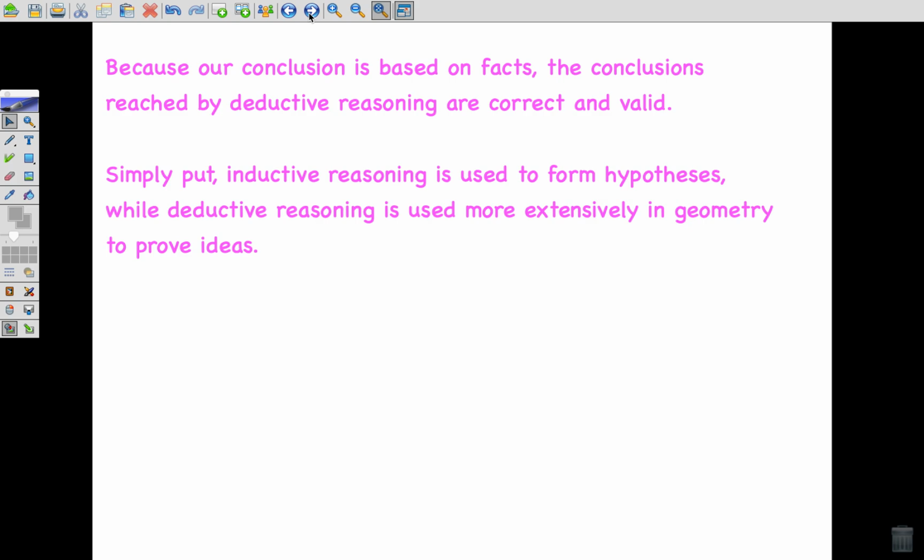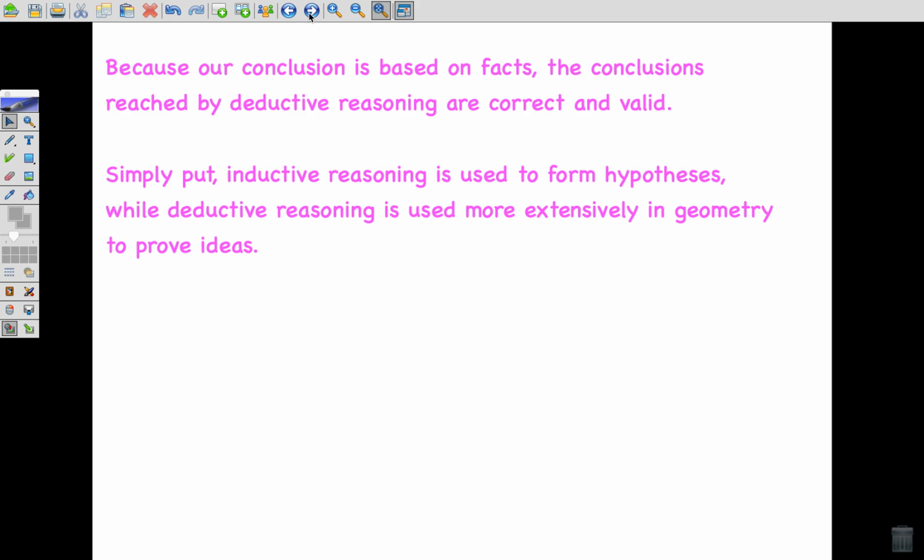So deductive reasoning is mostly used in geometry, and it's used to prove ideas. And this is where we come into using our deductive reasoning skills for proofs. We make a statement and we come up with a valid reason as to why that is happening. Umbrellas are up, valid reasons that could occur. It's snowing, sleeting, hailing, raining, or the sun is out and people don't want the sun on them.